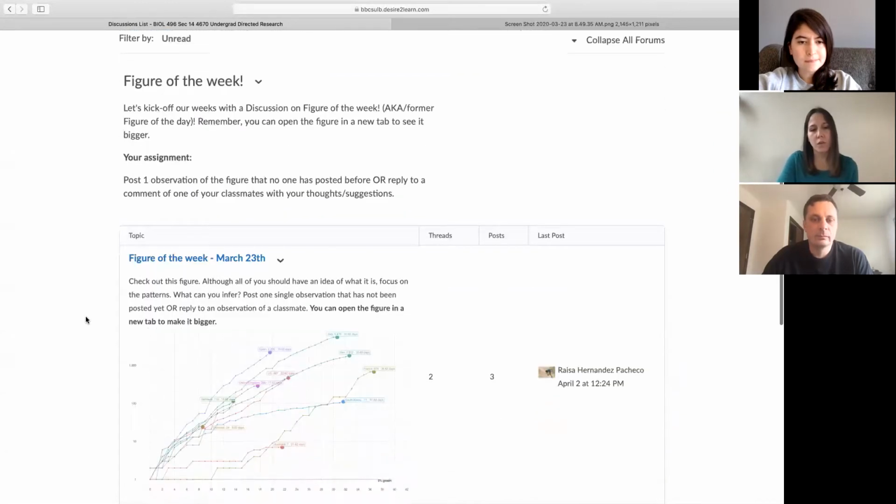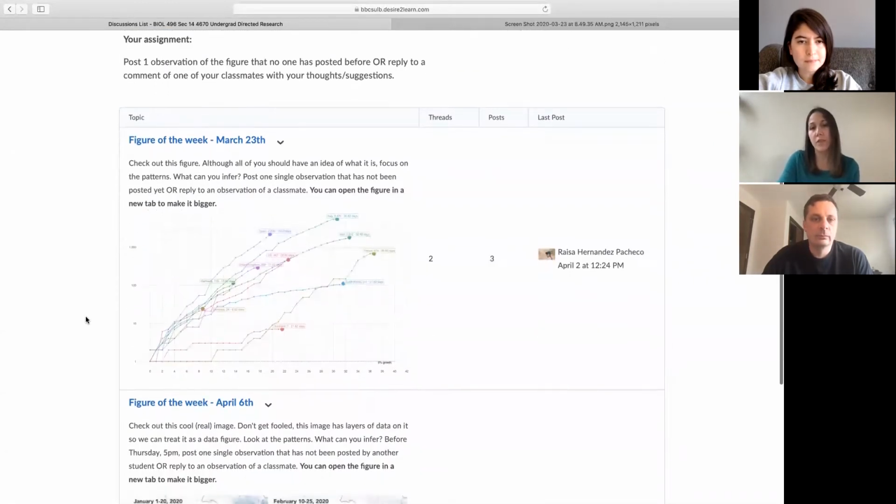The first week we did it, I posted a figure related to COVID-19, but they didn't know it was COVID-19. The instructions were very general: just post an observation of the figure or reply to an observation of a classmate, whatever that is.